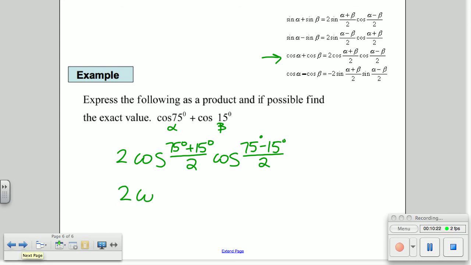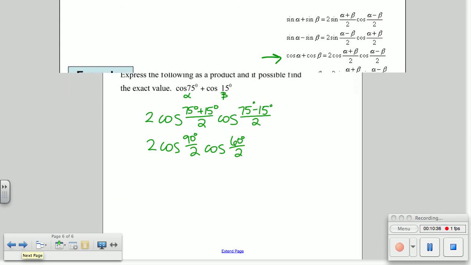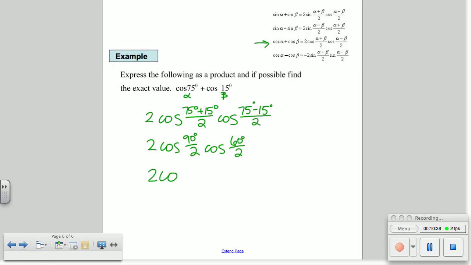Let's go ahead and add those together, and we end up with 90 divided by 2 and 60 divided by 2. 90 divided by 2 is 45, and that's good news for us because 45 is on our unit circle, along with 30 degrees. We can find the cosine of 45, that's root 2 over 2. The cosine of 30, root 3 over 2.